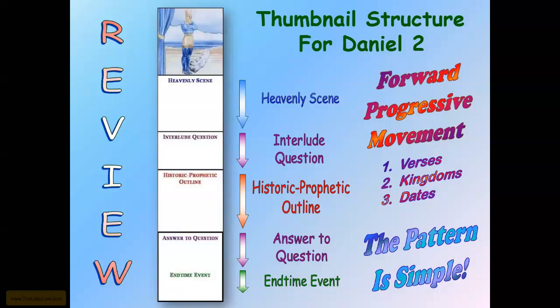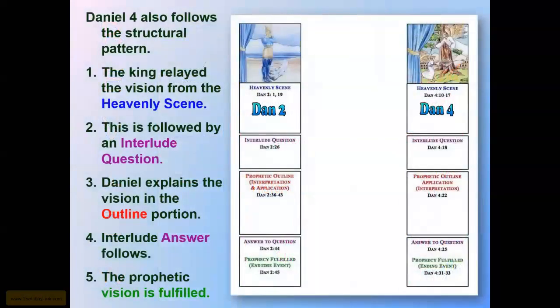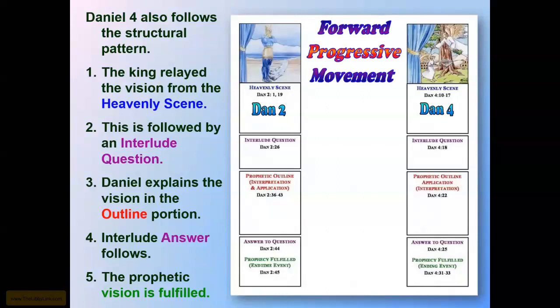Now let's compare this to Daniel 4 and see if it's the same. So Daniel 4 also follows the structural pattern. We have the forward progressive movement. We have the king relaying the vision from the heavenly scene. This is followed by an interlude question.